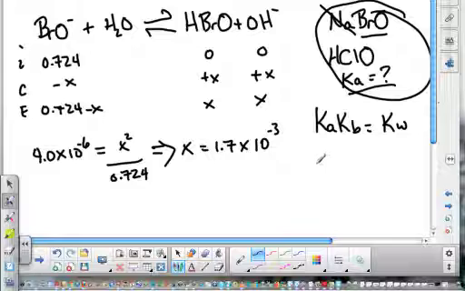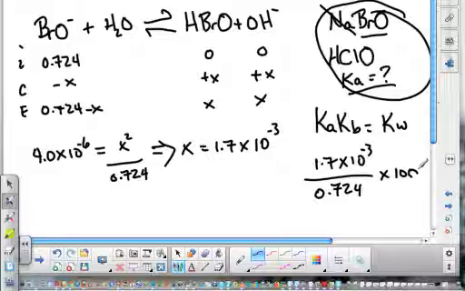X divided by the initial concentration times 100, and I'm going to put it in on my calculator one more time. Is that smaller than 5%? 1.7 times 10 to the negative 3 divided by 0.724 times 100, and I come up with 0.24%. So way less than 5. So we were good in making the approximation.